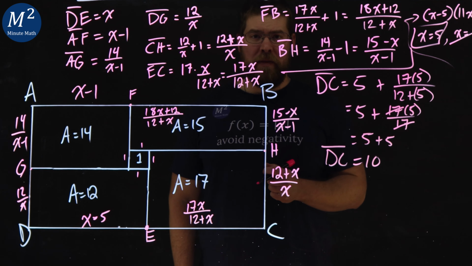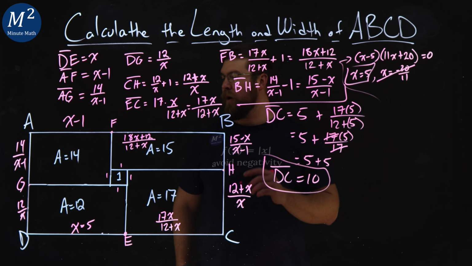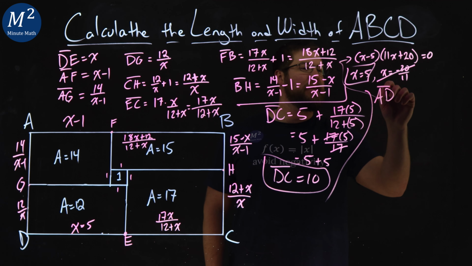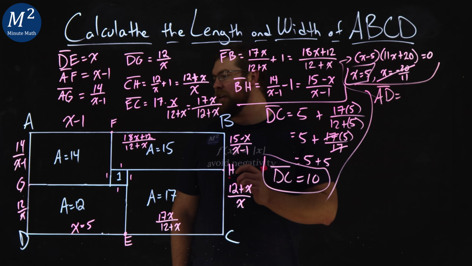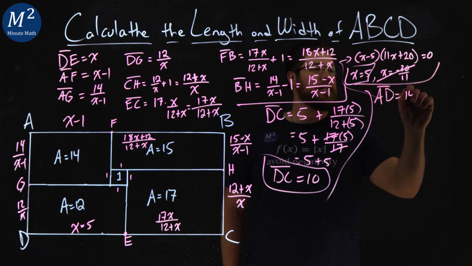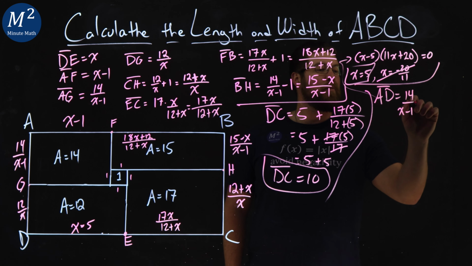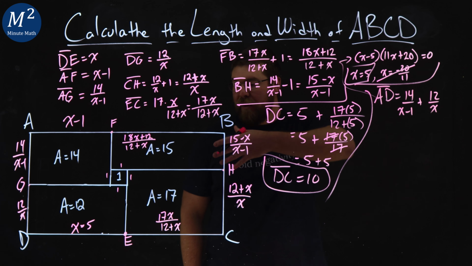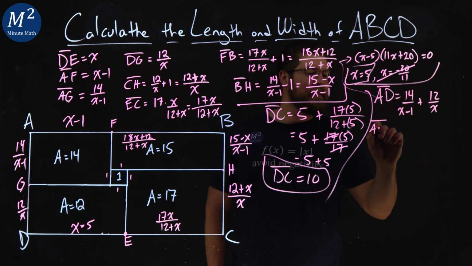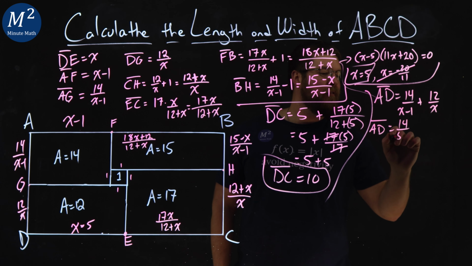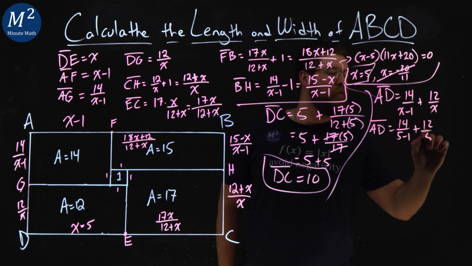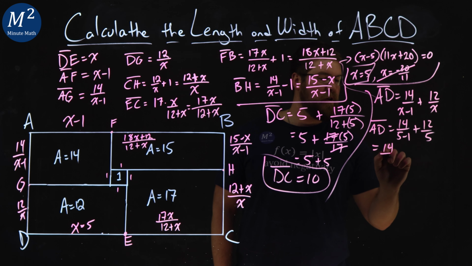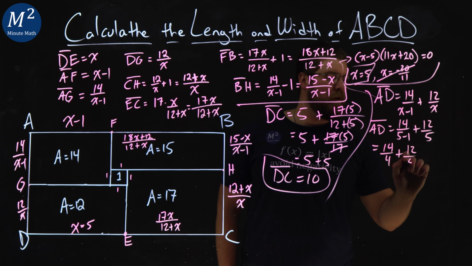We just need the width now. So DC is equal to 10. The width, let's go find AD. That looks like the easiest one for me. AD, that length here, is equal to a good old 14 over x minus 1 plus 12 over x. Let's plug 5 in for each x value. AD here, 14 over 5 minus 1 plus 12 over 5. Keep on simplifying that. 4 here, so we have 14 over 4 plus 12 over 5.